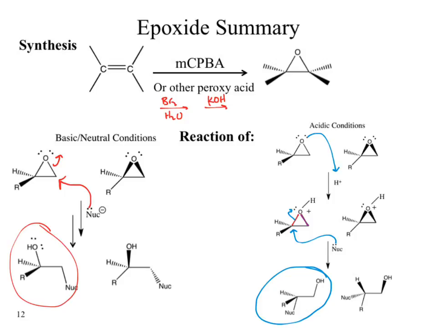When we move to the basic conditions, this one's a shorter mechanism. The most reactive thing now is the nucleophile. What charge is the nucleophile? Negative. So we're going under a strong nucleophile. Where is it going to react?